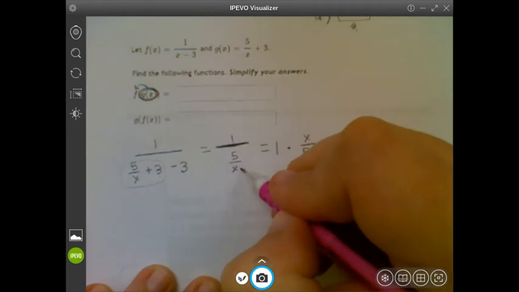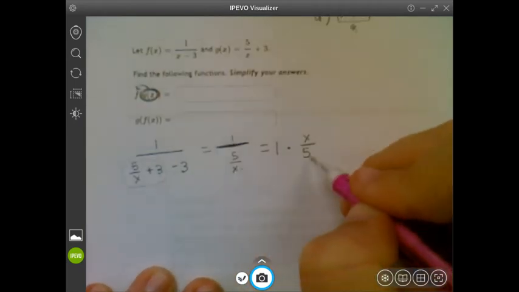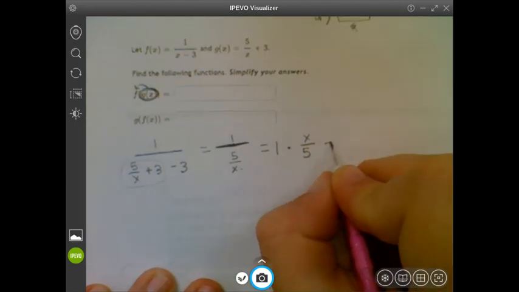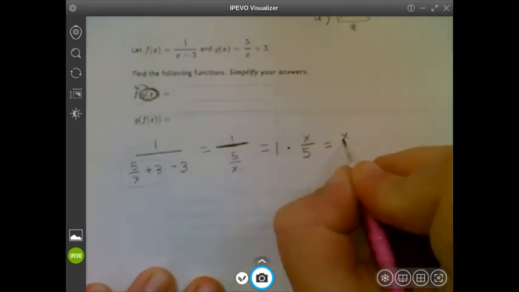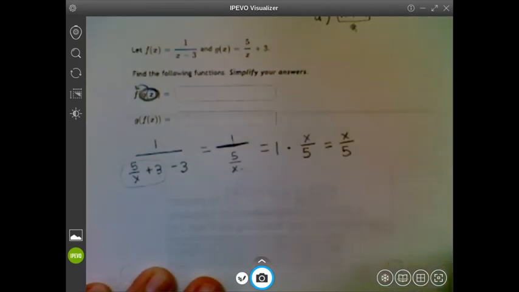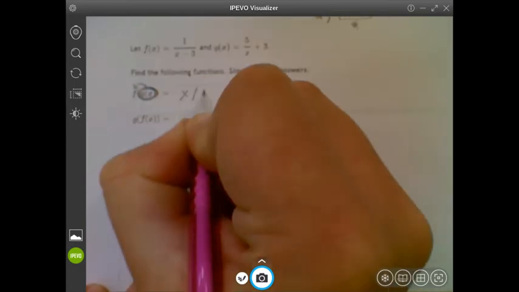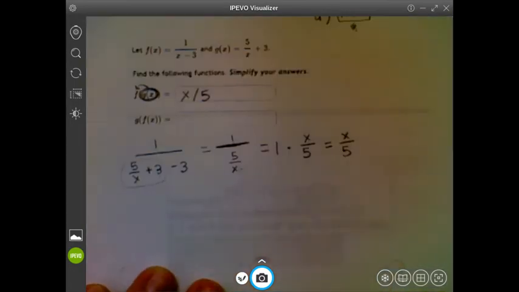So dividing by a fraction means you can multiply by what is called its reciprocal. Reciprocal just means to flip the top and the bottom. And 1 times x over 5 is just x over 5. So that composition would be the fraction x over 5.